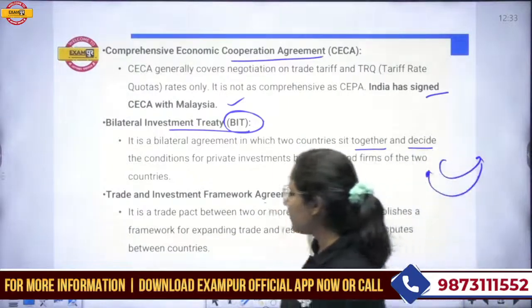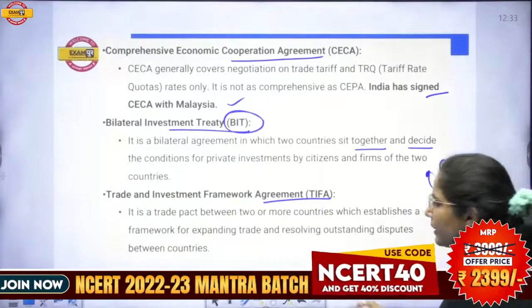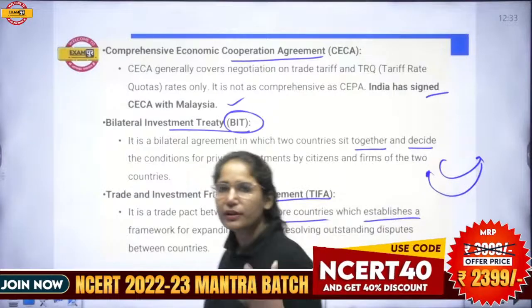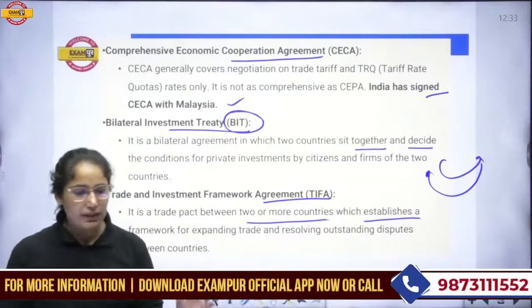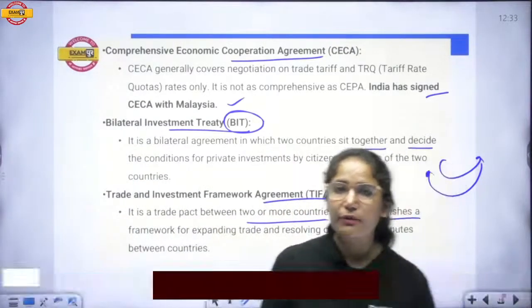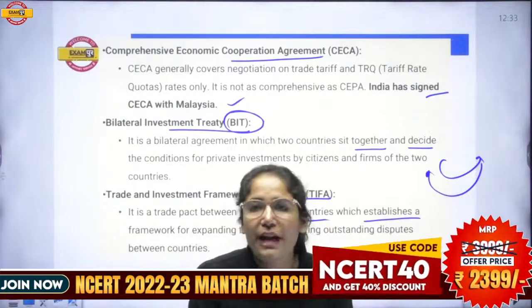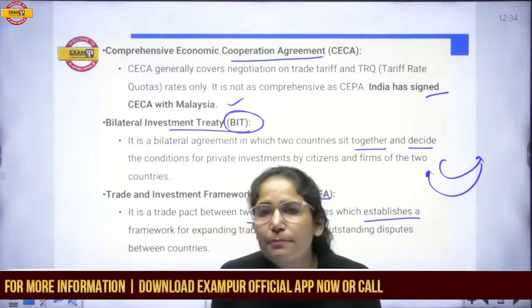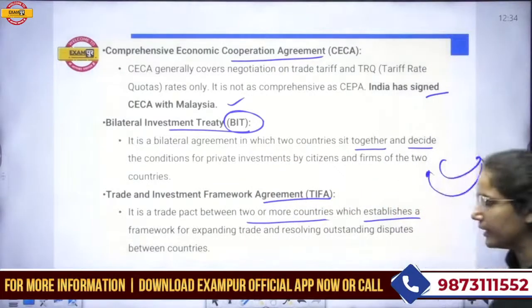Trade and investment framework agreements are related to trade and investment between two countries, establishing the base for trade and investment which could expand economic activities in both countries. You need to make a layout and prepare the criteria for trade, and whatever level of investment you are making, you have to give a glance about it, and both have to contribute to the economic activities of both countries.